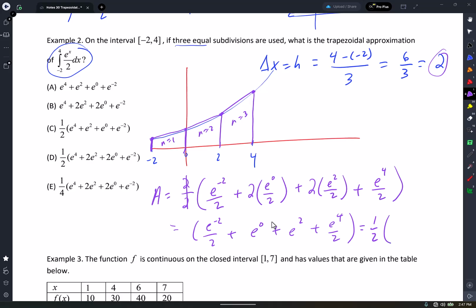If I factor out a half, here's what I get: e to the negative 2 plus, that's a 1 in front of that, that's a 1 in front of that. How many halves do I fit into 1? 2. So 2e to the 0 plus 2e squared plus e to the 4th. All right, I look for that, and I do have it. They just rewrote it weird. What's the answer?